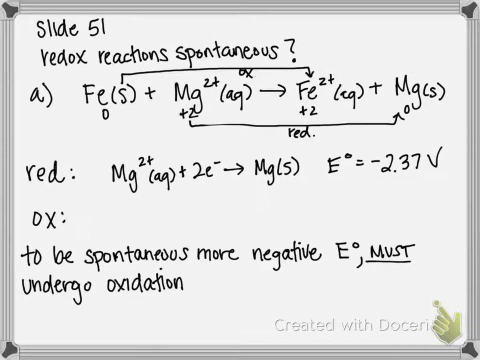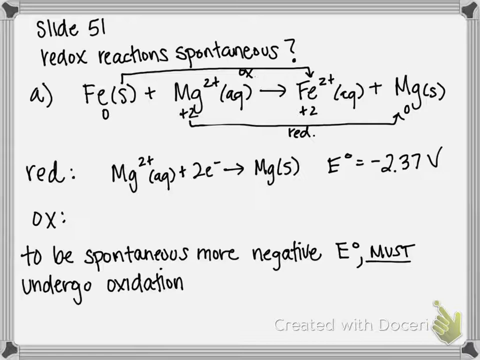And for the oxidation, now be careful when you're looking for this because there are several iron reactions. These are all written as reductions, so it's going to be iron 2+ to iron 0 when you're looking. There's a couple going from iron 3+ to iron 2+ and going from iron 3+ to iron 0, so make sure you find the right value.